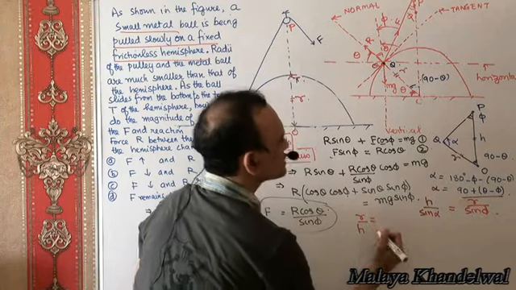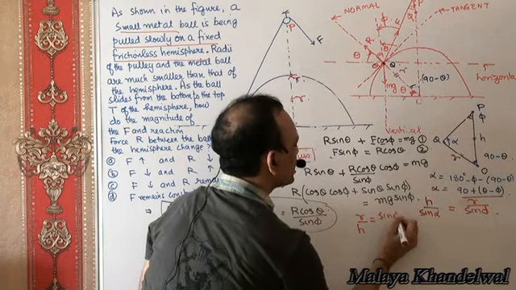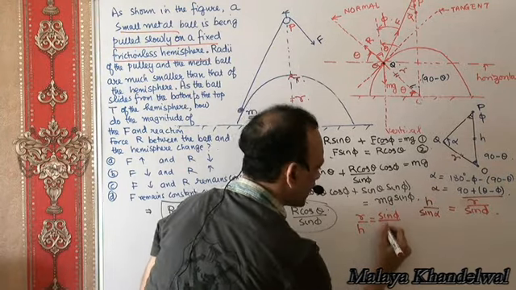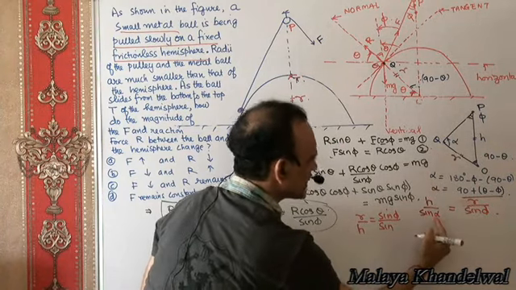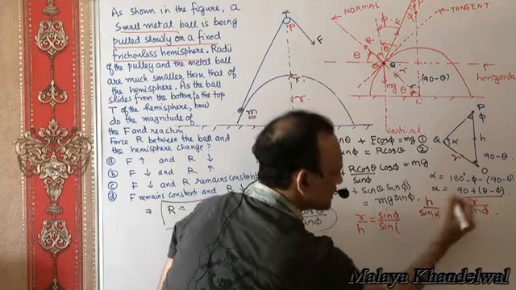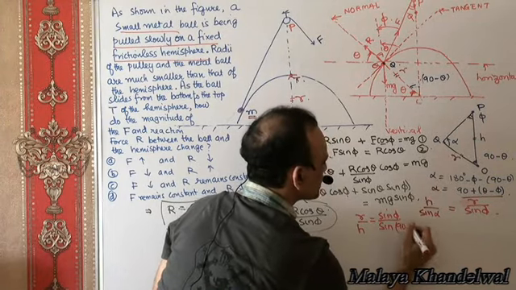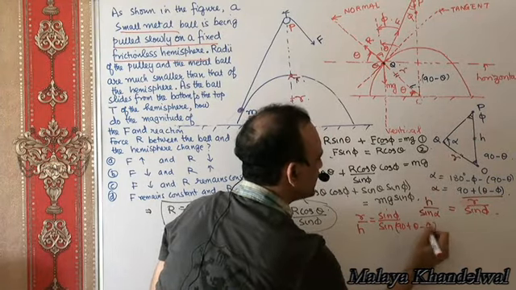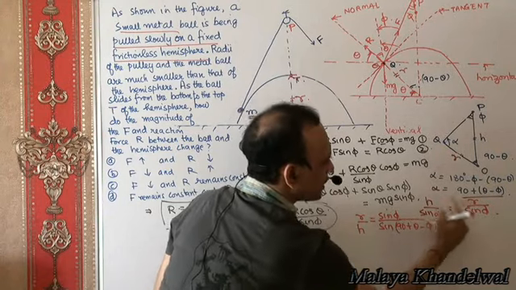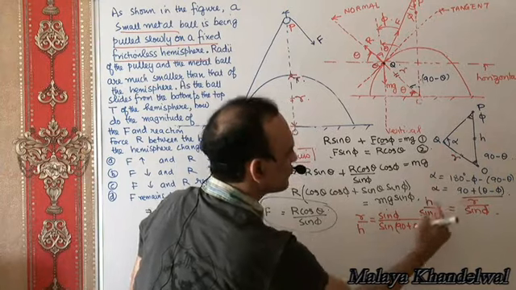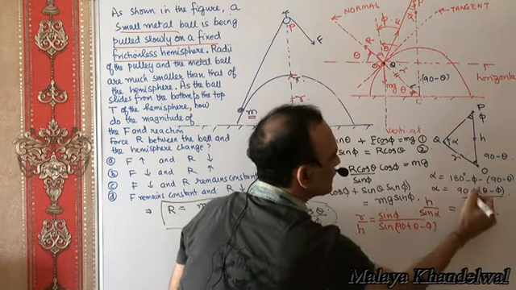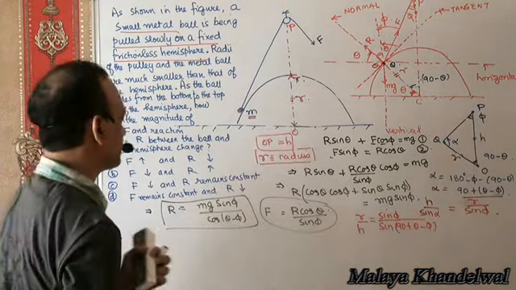Small r by h turns out to be sine phi divided by sine alpha, where alpha is 90 plus theta minus phi. You know what I did here? Small r by h is sine phi divided by sine alpha, and alpha as we have seen is 90 plus theta minus phi, right?